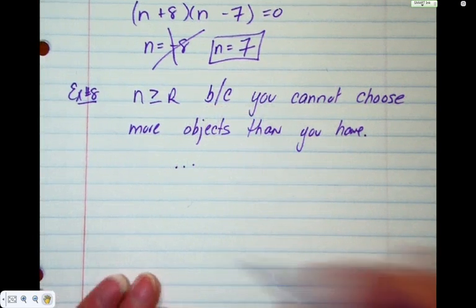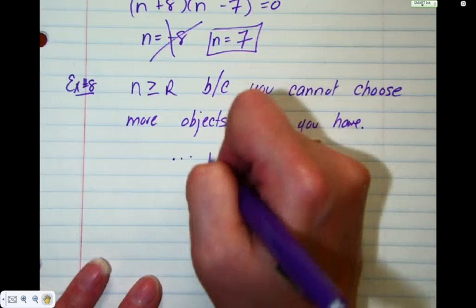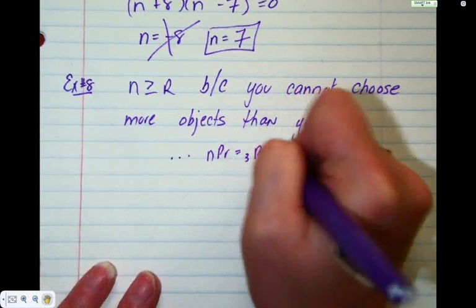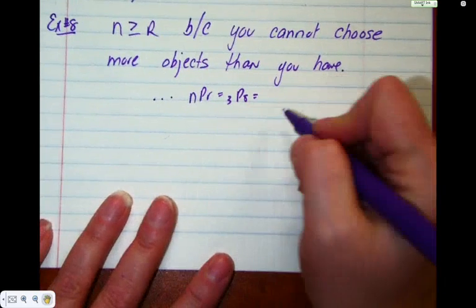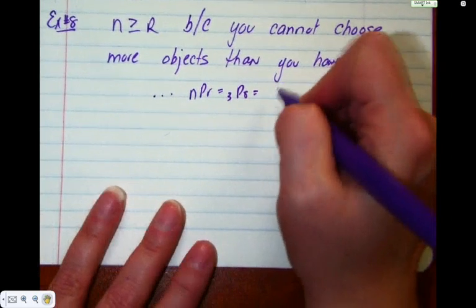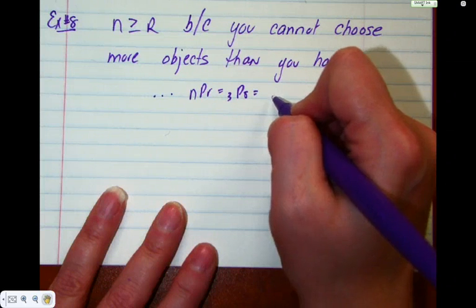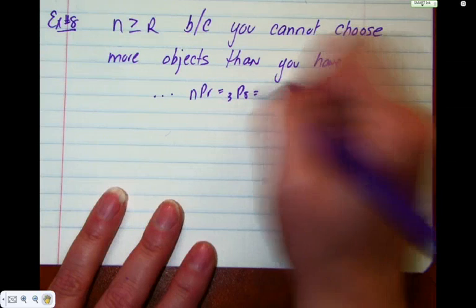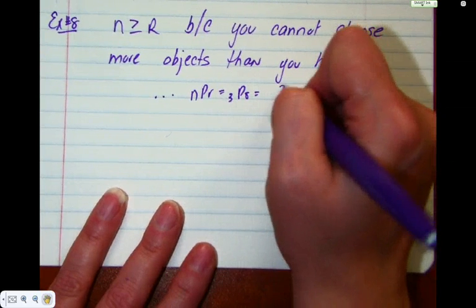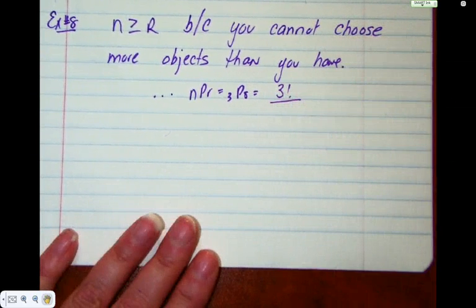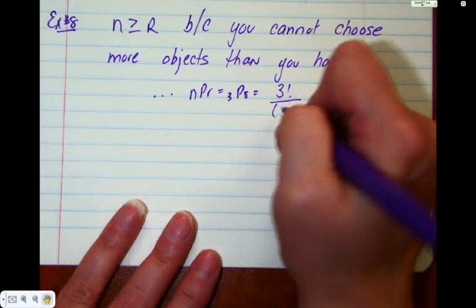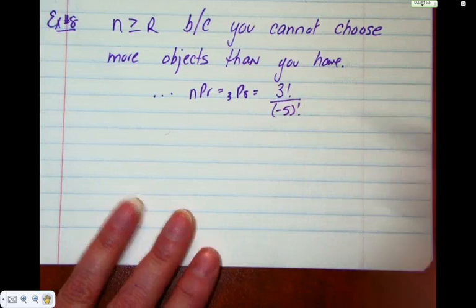Another way to do it would be to show the formula. So if you have nPr, and in this case it is 3P8, that's going to equal the top is the n, 3 factorial, over 3 minus 8, and 3 minus 8 would be negative 5 factorial.